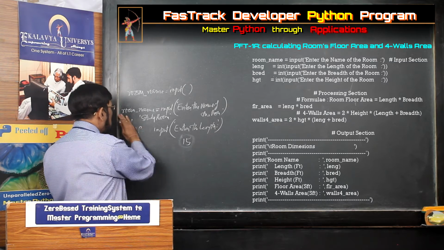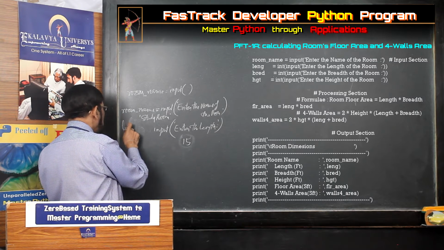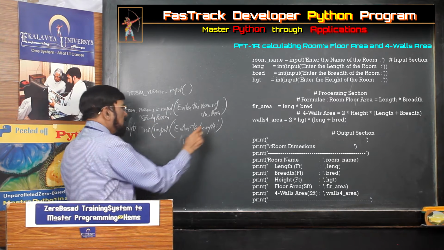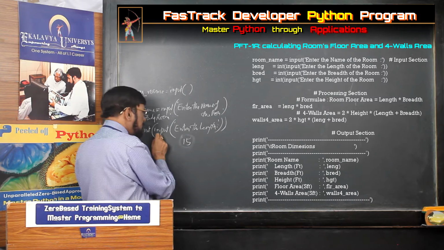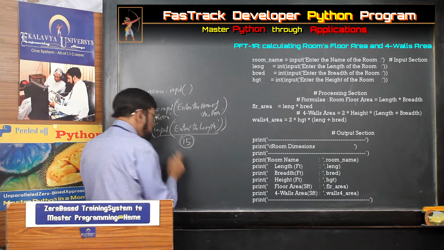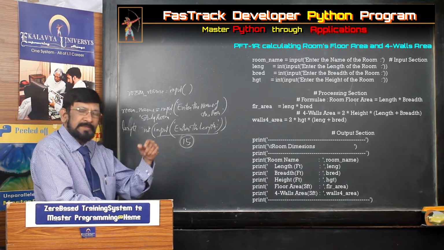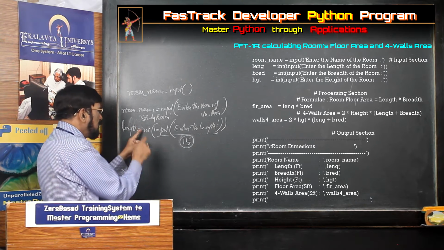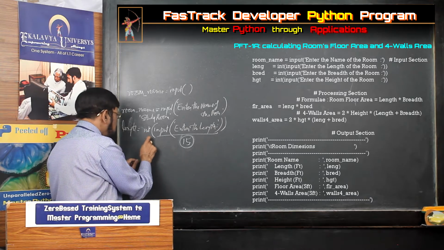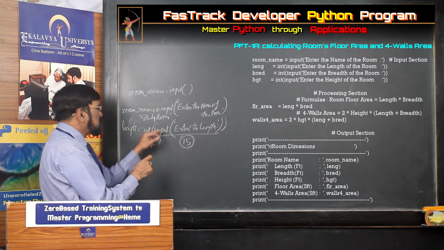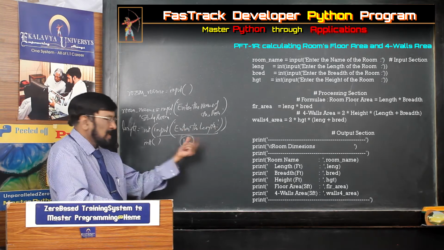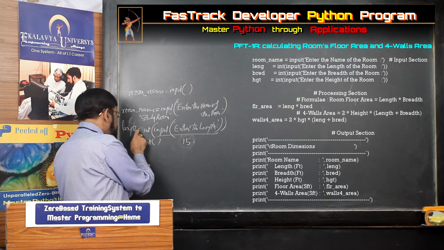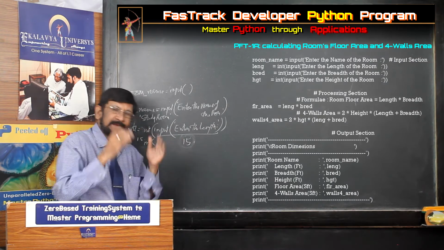In order to remove that wrapper, we have another function. What is that? The int function. As a result, if you enter 15, that is like a wrapped chocolate. Now, if you write the int function and within it you write the input function, the wrapper is removed and the 15 comes as a real integer.